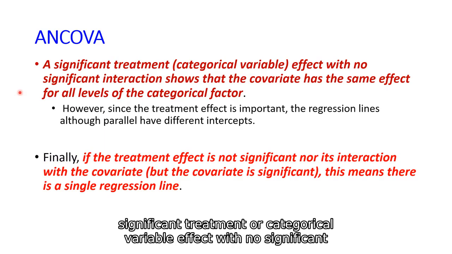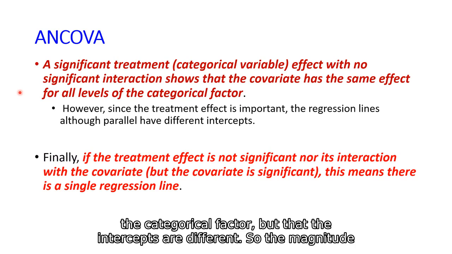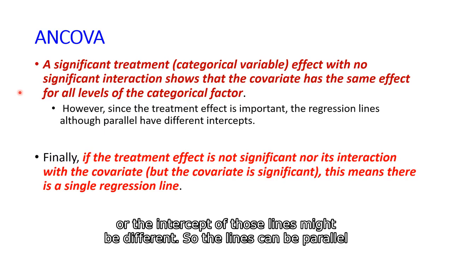If we have a significant treatment or categorical variable effect with no significant interaction, it shows that the covariate changes the same across all levels of the categorical factor, but that the intercepts are different. So the magnitude or the intercept of those lines might be different.